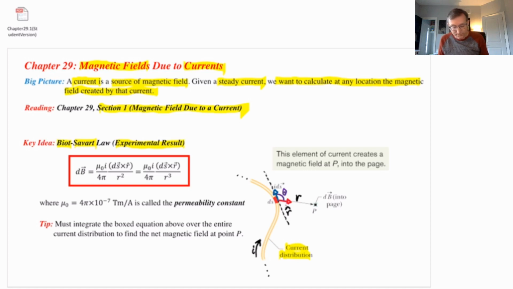That's important too. All right, now with all those vectors in mind, we are now going to state this experimental result for calculating the magnetic field contribution at point P from this one little tiny element of wire.